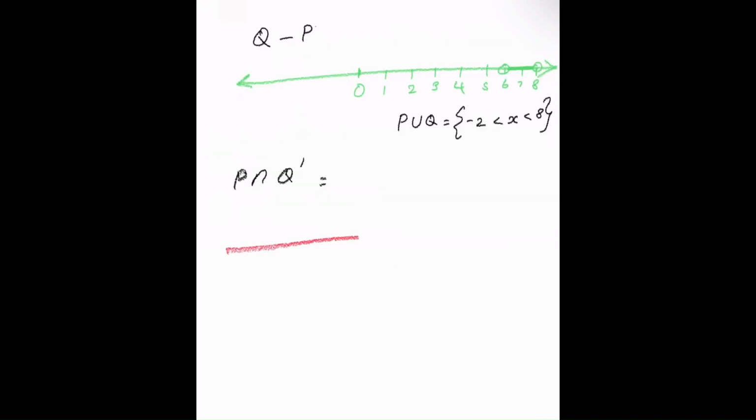This is hollow and this is also hollow. Why is 2 hollow? Because in Q, 2 is included. Because 2 is included in Q, in Q dash 2 is not included. When I say not included, it will come in the less than symbol.